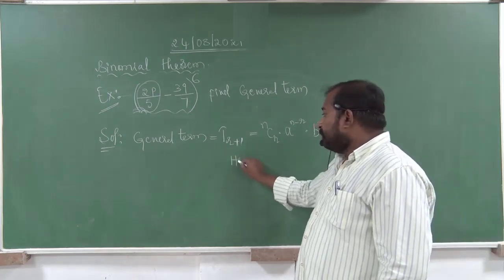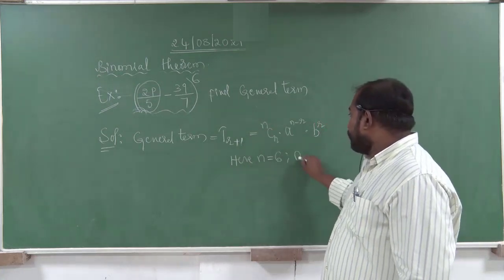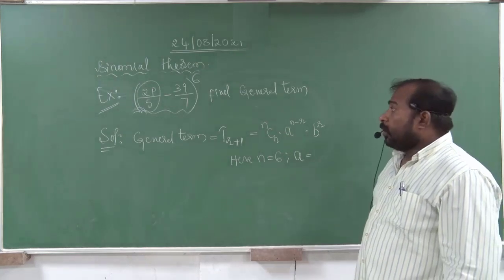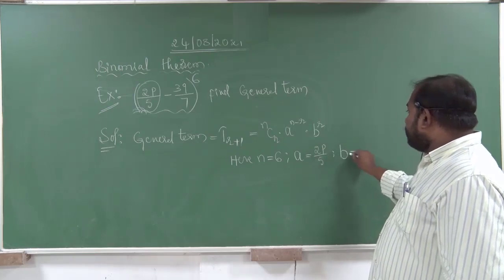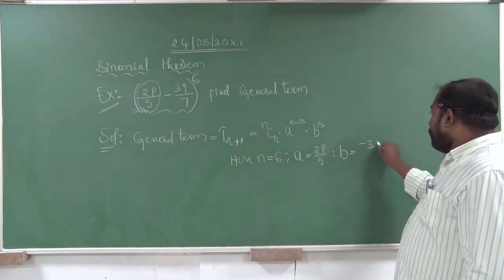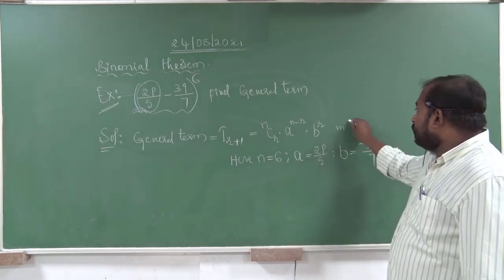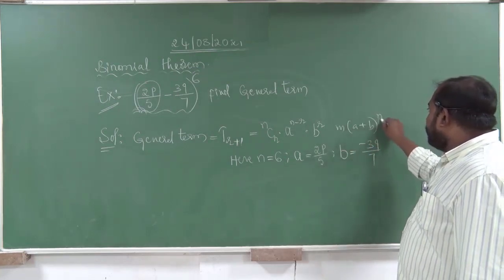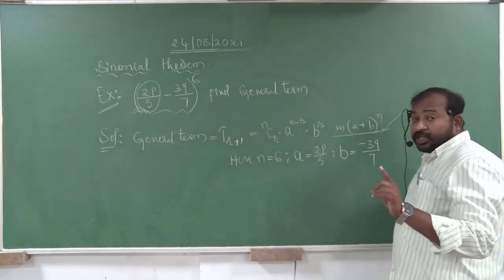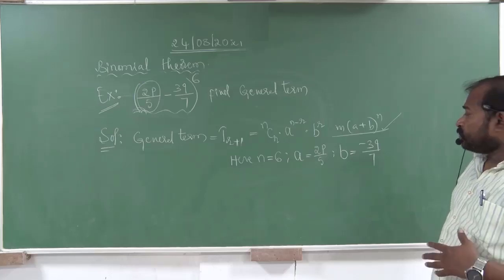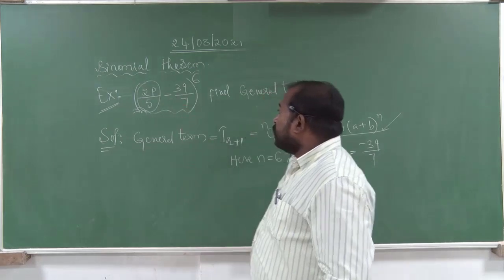Here in the given problem, what is the n value? 6. Instead of a, what value is given? 2p/5. Instead of b, what value is given? Minus 3q/7. So the general term in (a + b) whole power n is this one. Our aim is to find the general term in (2p/5 - 3q/7) whole power 6.